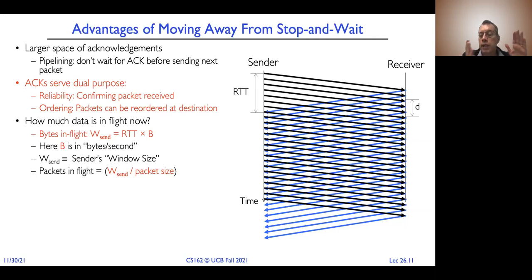So now in a round trip time, I can send a window worth of packets, right? Because this is how many packets I can send without hearing an acknowledgement. Right, so therefore the number of packets which are in flight, meaning I haven't heard an acknowledgement for these packets yet, is the window size over the packet size, right?